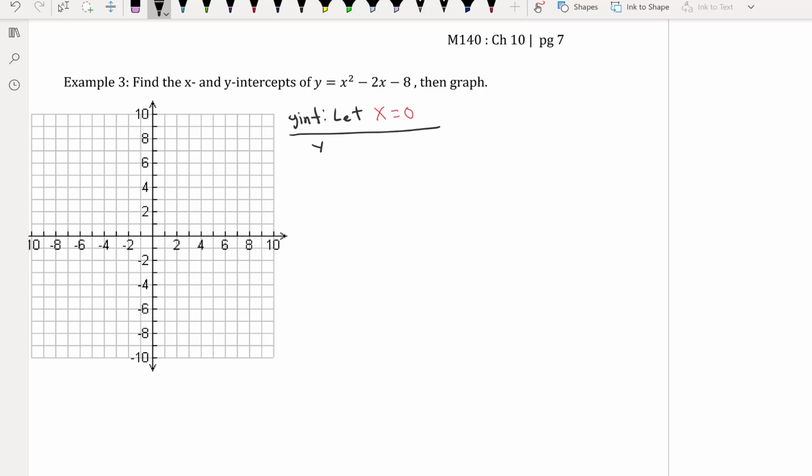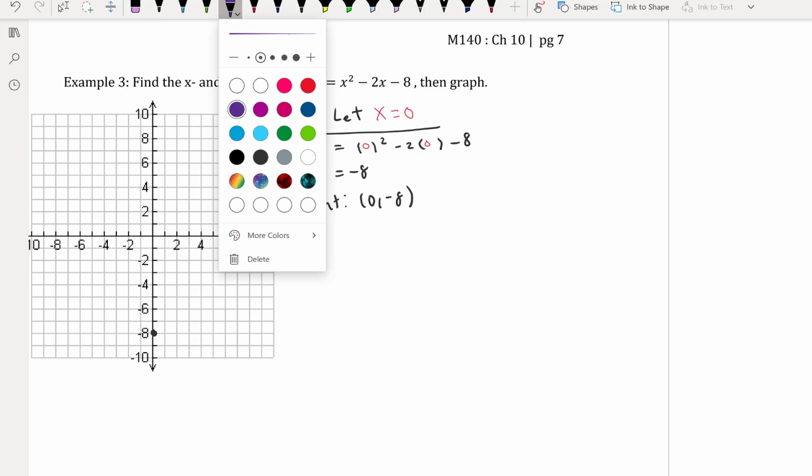So y is equal to x squared minus 2 times x minus 8, and what I'm plugging into my x value is 0. So I get that y is equal to negative 8. So the y-intercept is 0, negative 8, and I went ahead and marked that on my graph as well.